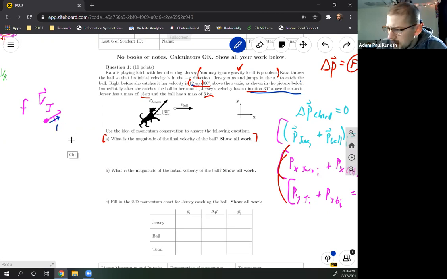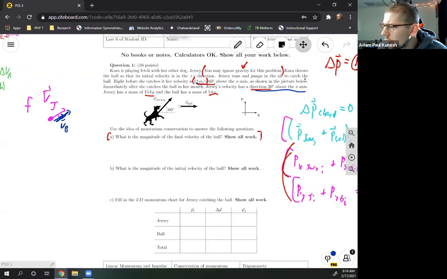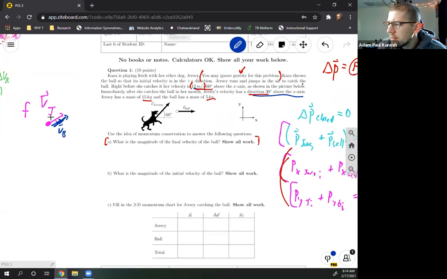I should say V sub B. They're going to be traveling together at the same speed, so they should have the same size of velocity vector. If I find the magnitude of Jersey's velocity, I find the magnitude of the ball's velocity. That's the insight to get.